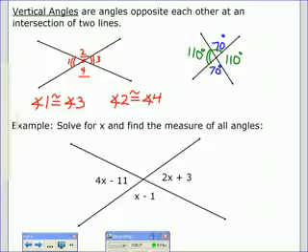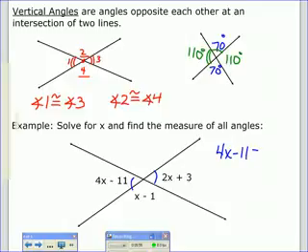Okay, so for a final example, we've got an intersection on the bottom of the slide here where there are expressions for 3 of the angles in the picture. And we want to solve for x and find the measure of all angles. So we need to look at this and kind of figure out how some of these are related so we can write an equation. So the easiest way to do that is you might notice that these 2 angles are congruent because they're vertical.